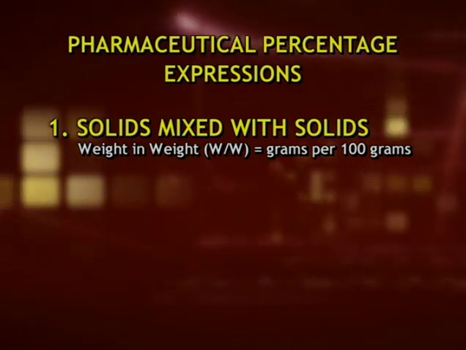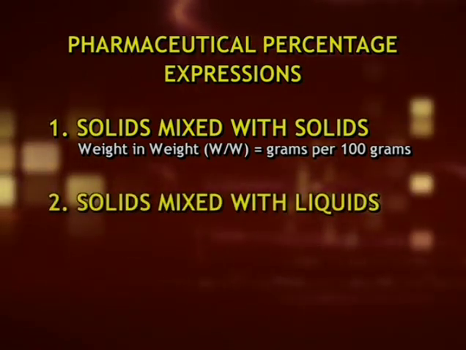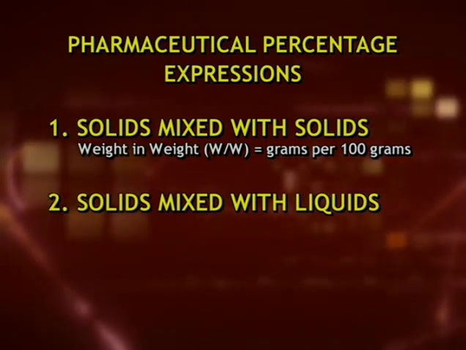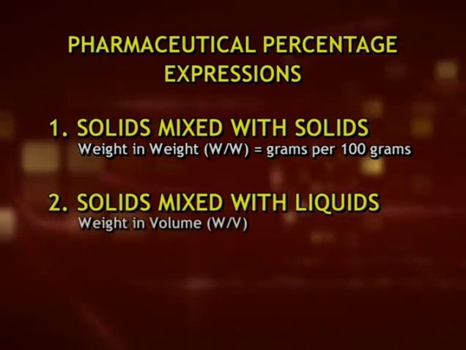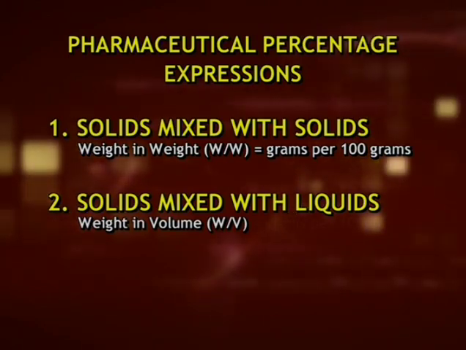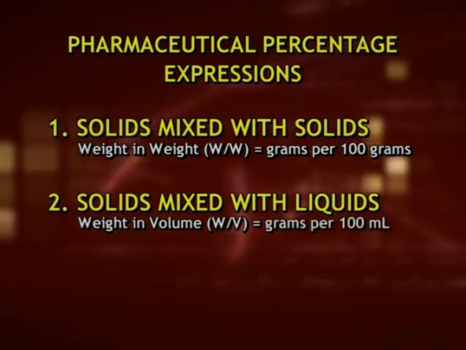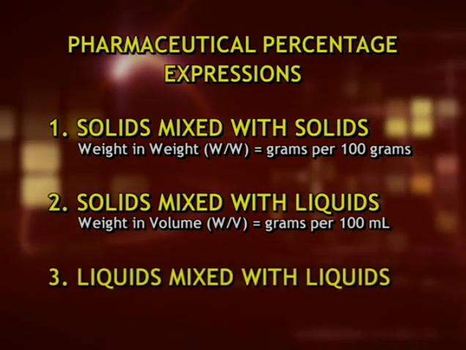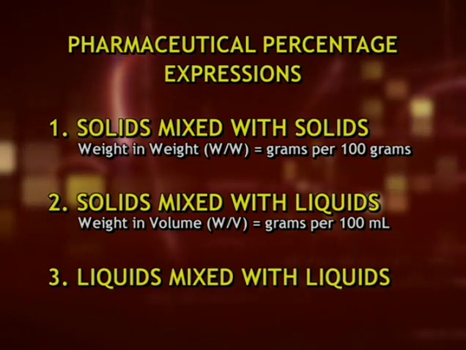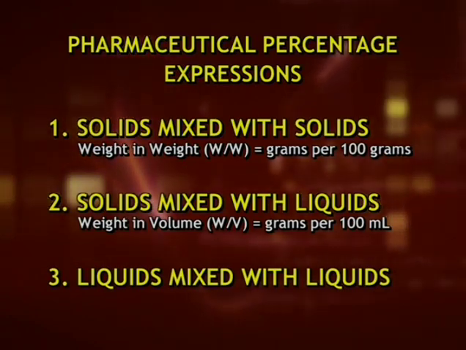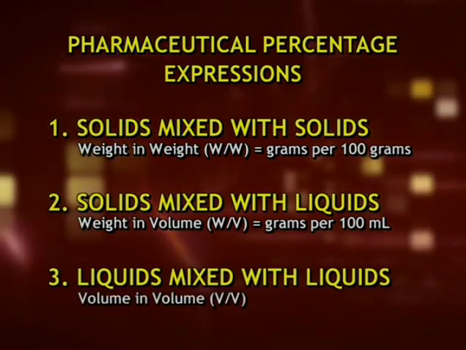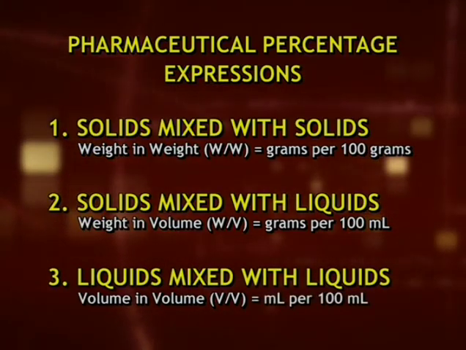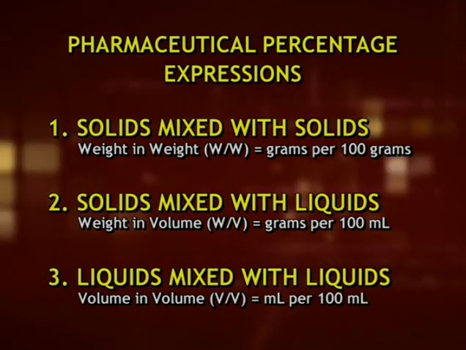Because liquids are more easily measured than weighed, for mixtures of solids and liquids, percentage means parts by weight of a drug in parts by volume of mixture. Percent weight in volume, or W over V, equals the number of grams of the substance per 100 milliliters of mixture. For mixtures of liquids in liquids, percentage means parts by volume of a drug in parts by volume of the mixture. Percent volume in volume, or V over V, equals the number of milliliters in the substance per 100 milliliters of mixture.